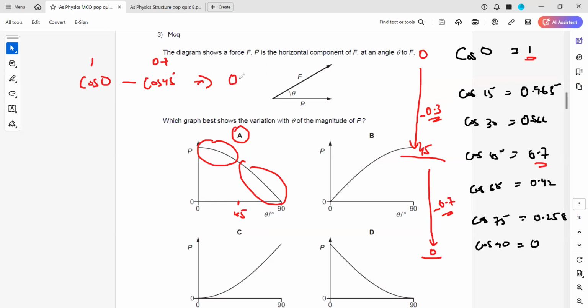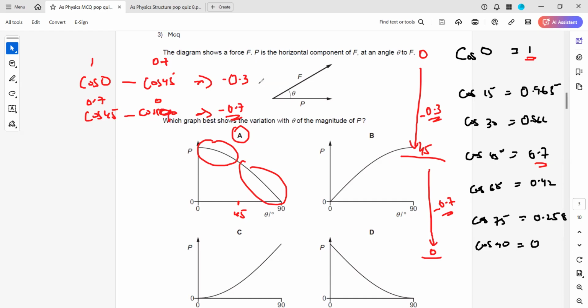But when it changes from 45 to 90, the change in value is 0.7, because this is 0.7 and cosine 90 is 0. So the change is a larger decrease. Till 45 there is a smaller change, but from 45 to 90 there should be a larger change.